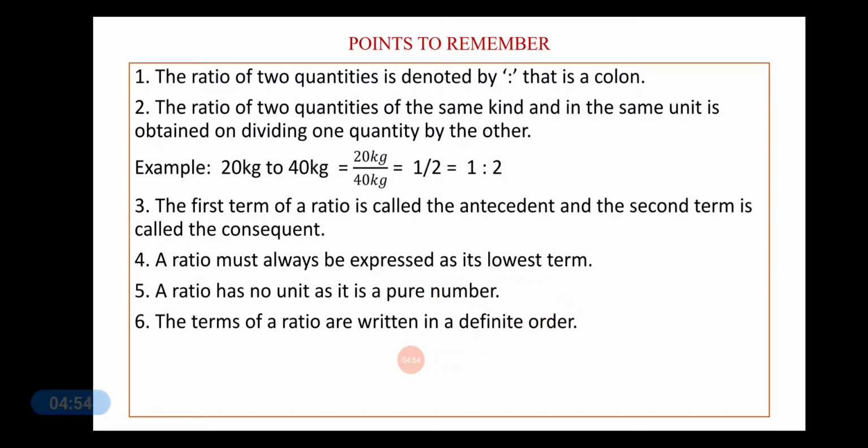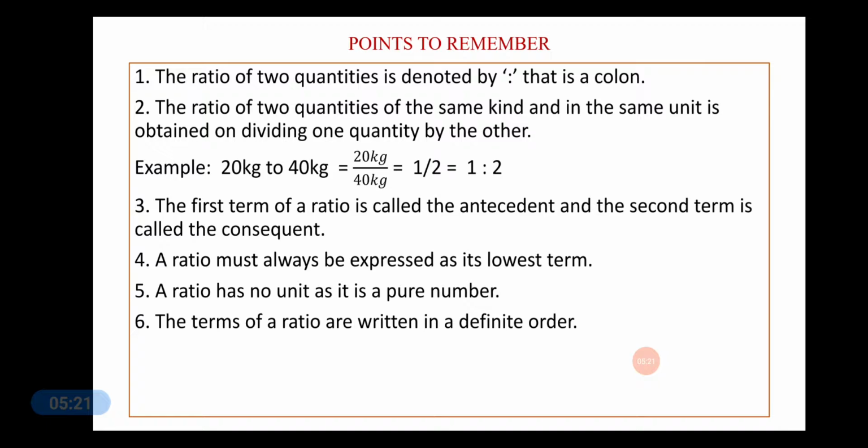The fifth point, a ratio has no unit as it is a pure number. That is, whatever unit you have over here has to be same so that you can cut it off, and a ratio ultimately will not have any unit and it will be a pure number. The sixth point, the terms of a ratio are written in a definite order.